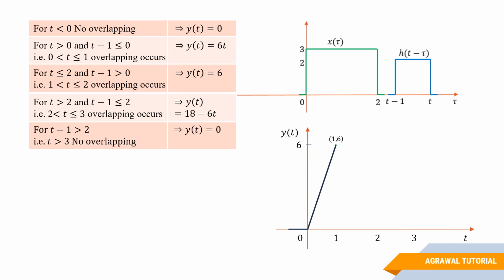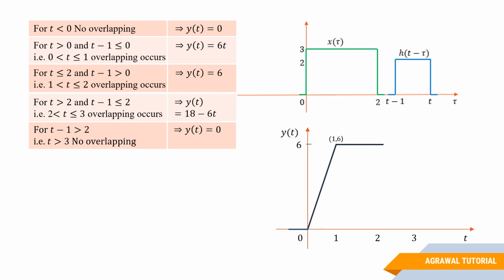Okay, take the next region, that is when t is greater than 1 and less than or equal to 2. Here we have got y of t equal to 6. So, its plot will be this. That is a straight line parallel to the t-axis with amplitude 6.